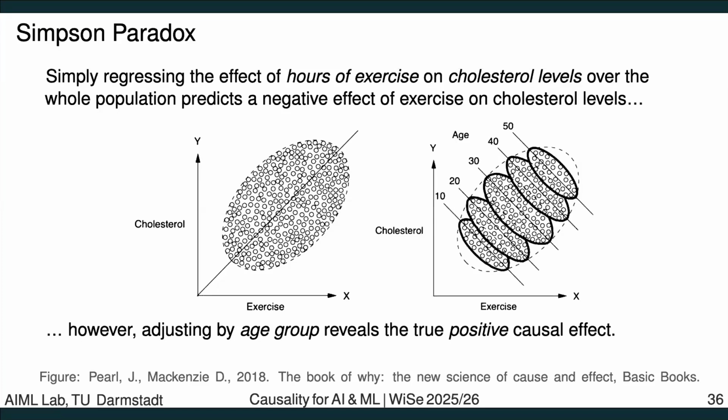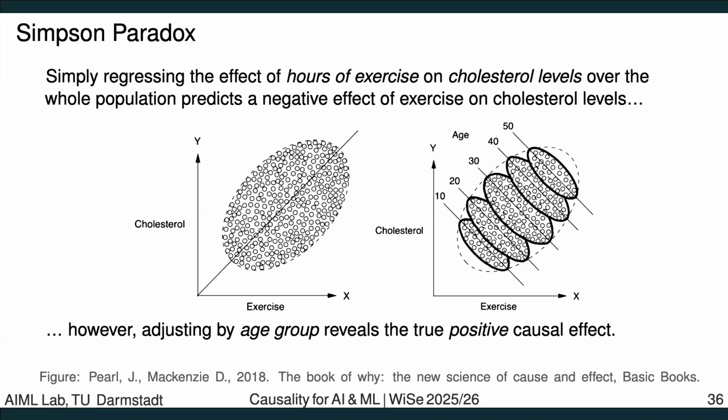So maybe the thing here could be that we forgot to account for age. What we looked at was the joint population, and as maybe expected, or what we would hope for, is that if we exercise, the cholesterol levels go down because people are more healthy.